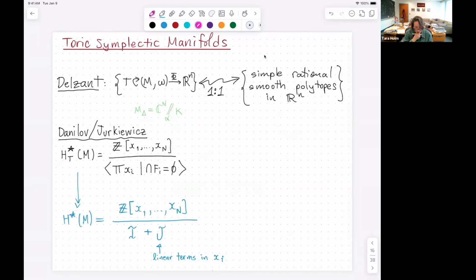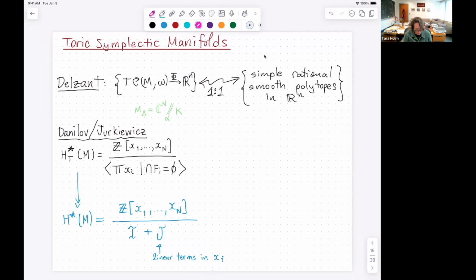From there, there is a theorem, and this is really in the algebraic geometry literature, or the combinatorics literature, depending on your view.